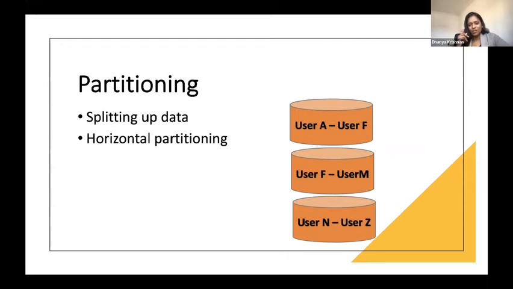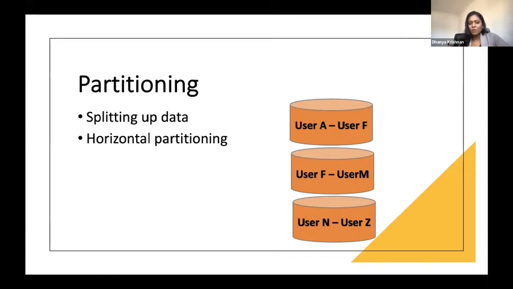But if you logically think, you can actually find a problem here. Even among us, there are a lot of people whose name starts with A, B, C, D, but not many whose name starts with X, Y, Z. So you can already see that the first instance probably now acts as a single point of failure, because more of the requests will go to the first instance, as there will be a lot of users whose name starts with those letters and not many with the last few letters of the alphabet.